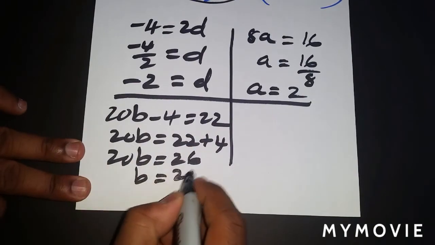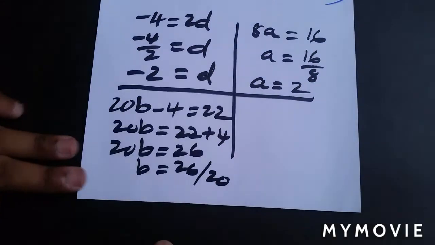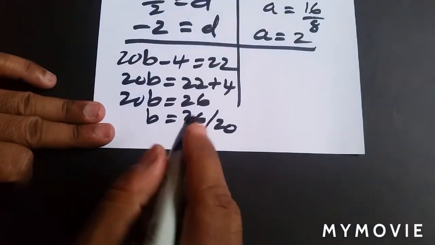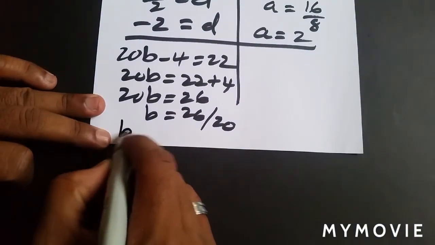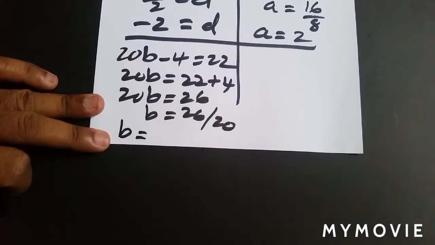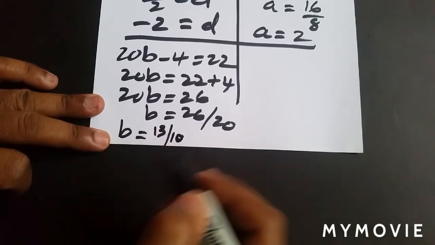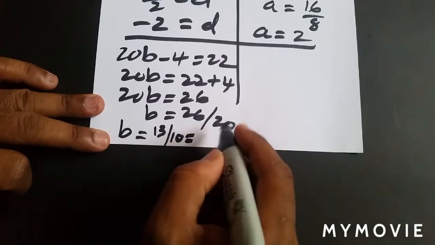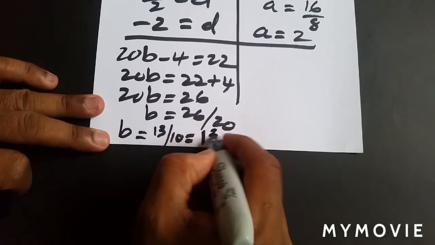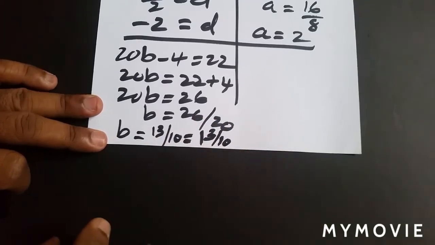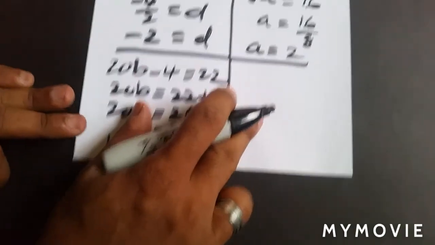And B is equal to 26 divided by 20. So we can go ahead and break that down. So B would be equal to, 2 can go into 26 13 times, and 2 can go into 20 10 times. That's an improper fraction. Final answer for B would be 10 into 13 one time, and 3 over 10. All right, so that would be 1 and 3 over 10.